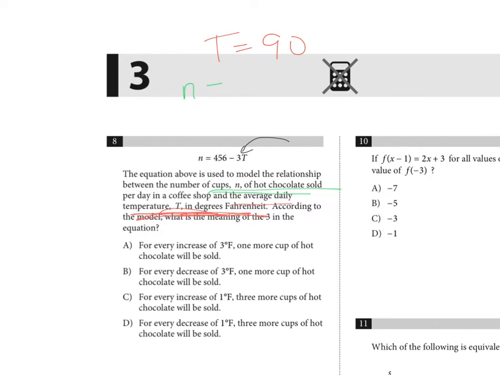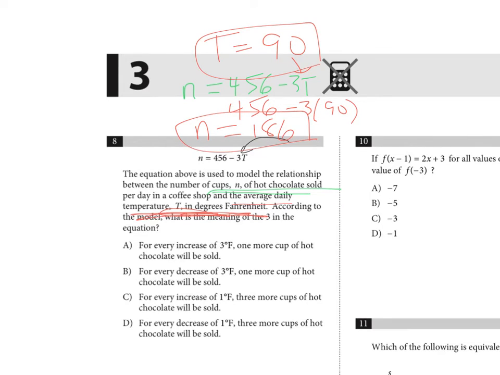Well, since N is equal to 456 minus 3T, and I pretended that the temperature was 90, if I do 456 minus 3 times 90, that tells me that N, the number of cups of hot chocolate, is equal to 186. So they would sell 186 cups of hot chocolate when it's 90 degrees.